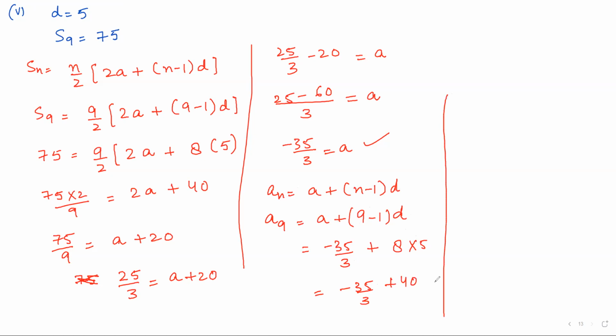So take LCM. Again 3 and then minus 35 plus 3 into 40. Now you subtract. So 120 minus 35 is 85. Minus 85 by 3 is your a9.